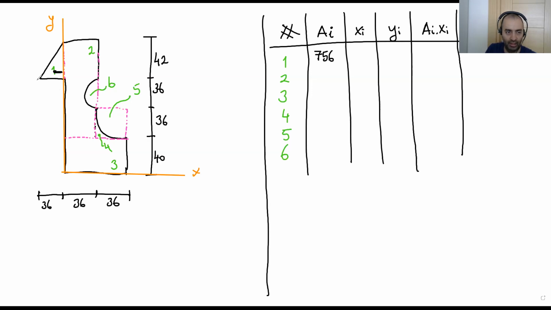Totally, this is 36. Remember the 1/3 rule from the distributed loads. The total length is 36, and this part is 12 and 24. So this xi is 24.